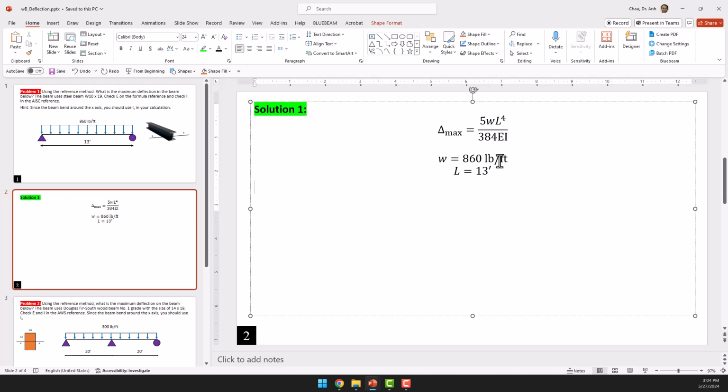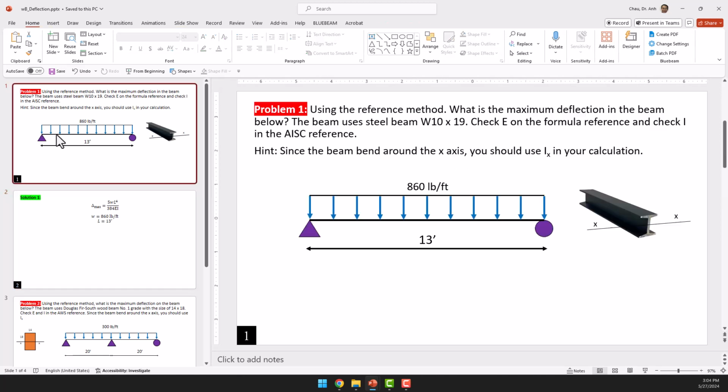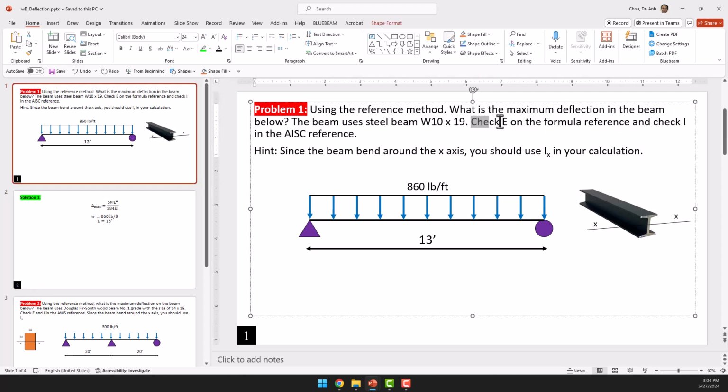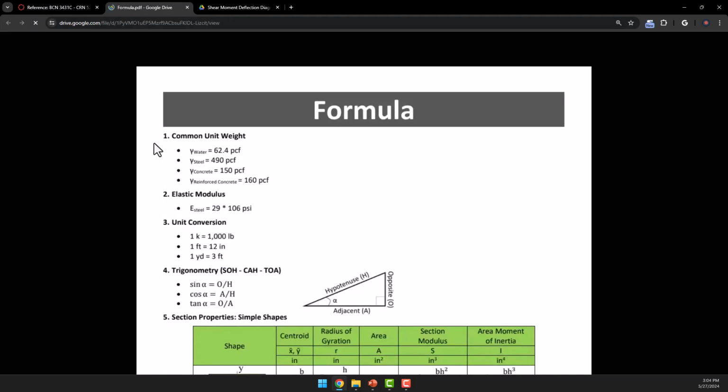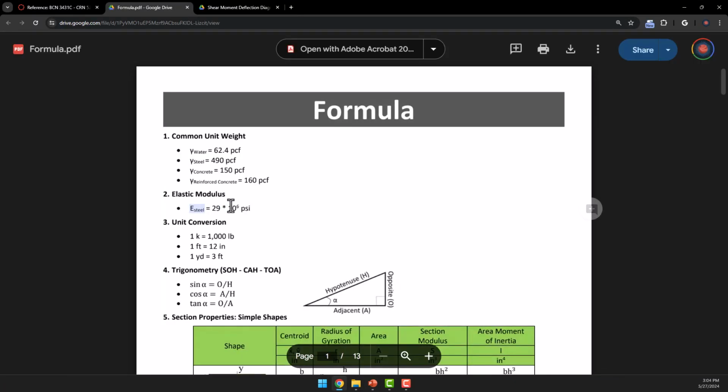So now we need to look for E over here, and because this one is steel, you see the note over here says to check E on the formula reference. So I go back here, go to formula, and check for steel. For steel, the elastic modulus E is 29 multiplied by 10 to the power of 6 psi.